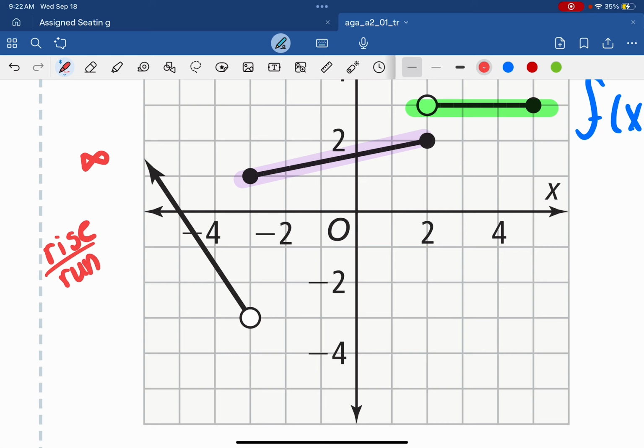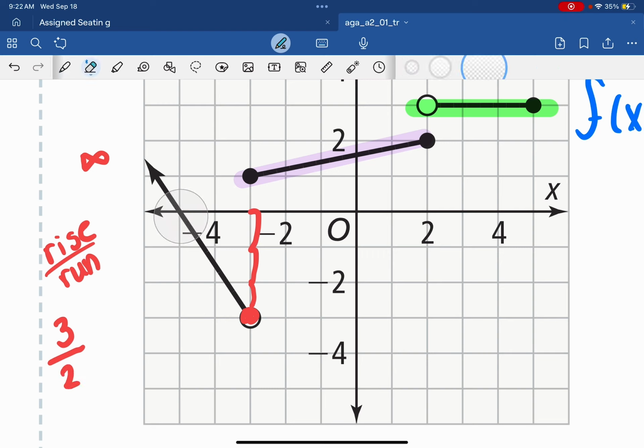So it looks like I'm going up 1, 2, 3. So I have a rise of 3. And I'm going to the left 2, because that'll get me from this point to this point. So I'm going over a run of 2.